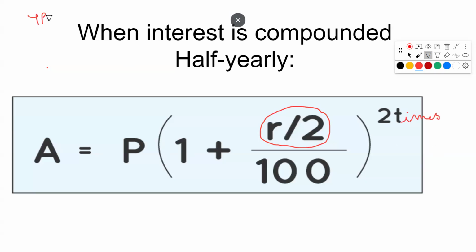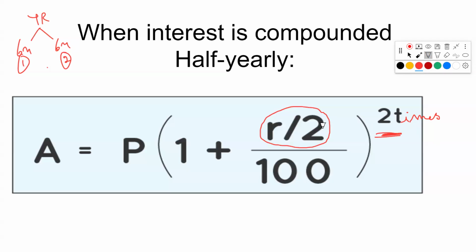So basically a year, if you want to split into half years, that is 6 months and 6 months, and interest calculation is done half yearly. At the end of 6 months, you do one calculation, and at the end of another 6 months, you do another calculation. So how many times are you applying it? 2 times. So the times is clear because in a year, 2 half years are there.